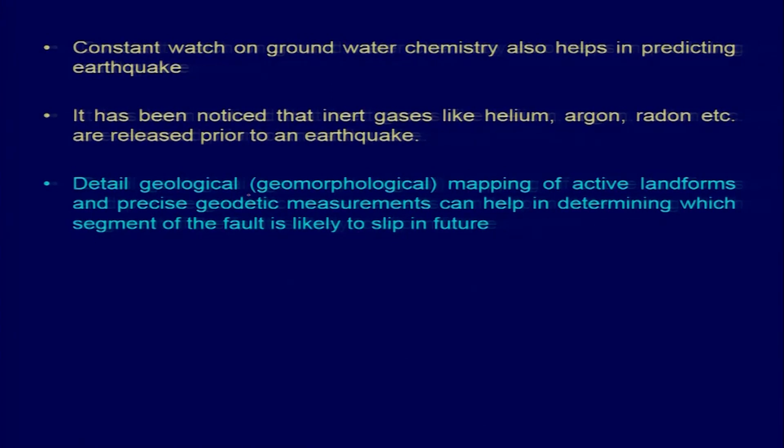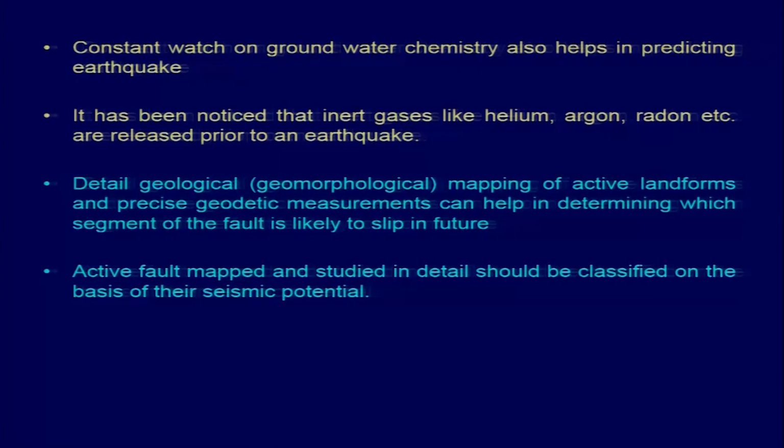This can be done if you are doing very detailed geomorphological investigations, where we can identify the active landforms. So we know which area is prone to earthquake and where there is the likelihood of the slip to occur in the near future. That will be your earthquake. So these are important studies which we have been doing.